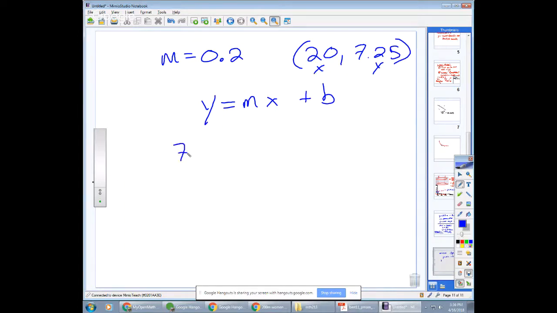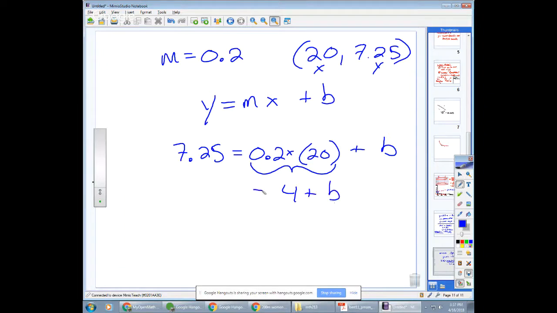So the 7.25 goes for y. m is 0.2. x is 20. So we've got to clean up. What is 0.2 times 20? 4, yeah. And you know, sometimes the arithmetic's a little bit messy.